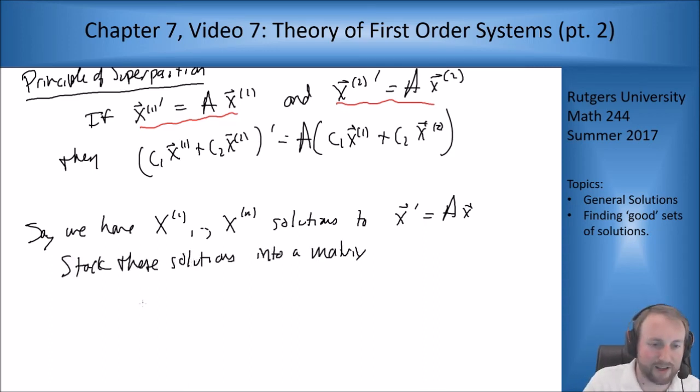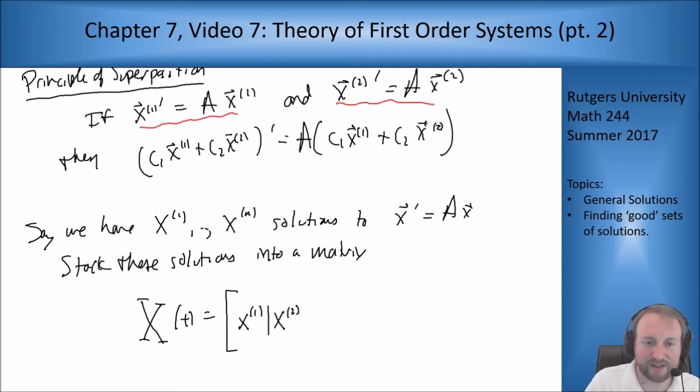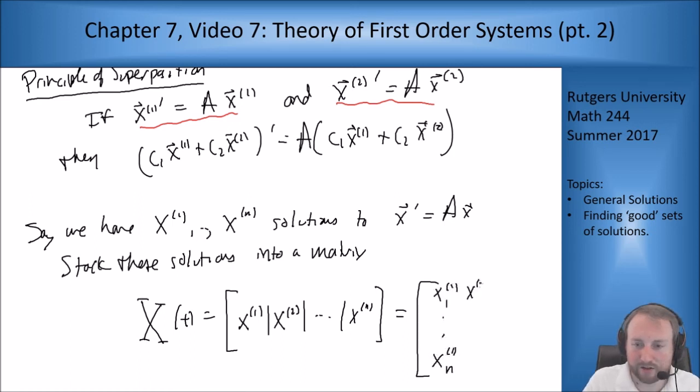I'm going to call it capital X of t, which is written with x^1 in the first column, x^2 in the second column, and x^n in the last column. If we want to write out all the entries, it's x^1 function 1 down through x^1 function n, x^2 function 1 through x^2 function n, and x^n function 1 through x^n function n.